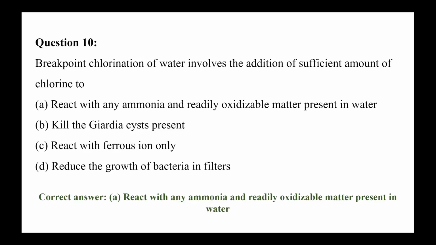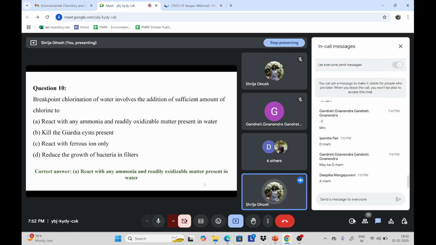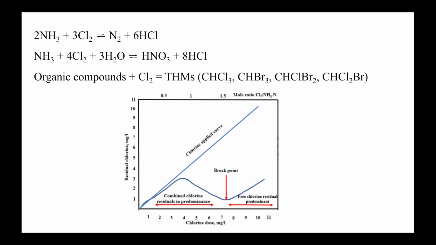I told you chlorination is done, and whenever chlorination is done, it reacts with all the oxidizable matter. It reacts with ammonia present in the water. Breakpoint chlorination is basically the point where everything is now oxidized, and the free chlorine is again detectable in the water.